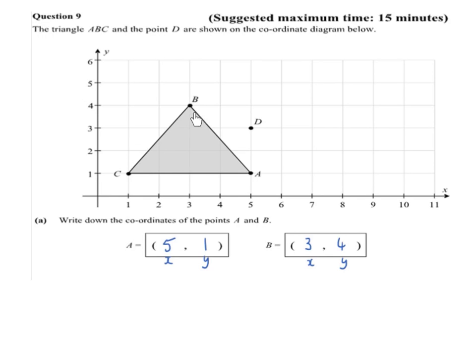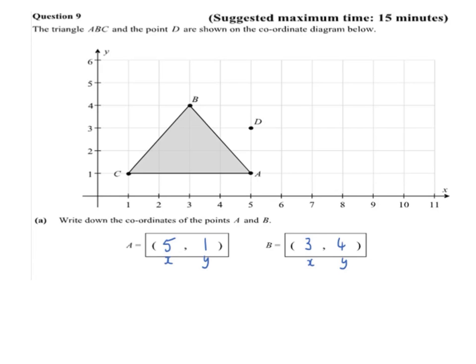Then we have the point B, and we do the same. We see what number B lines up with on the x-axis. So remember, the x value always has to come first. So this is our x-axis, the horizontal line. And B lines up with 3 on the x-axis. So 3 is our first number inside our brackets.